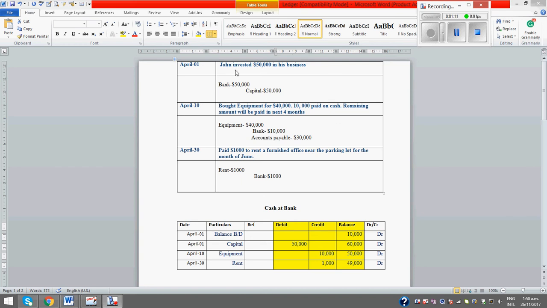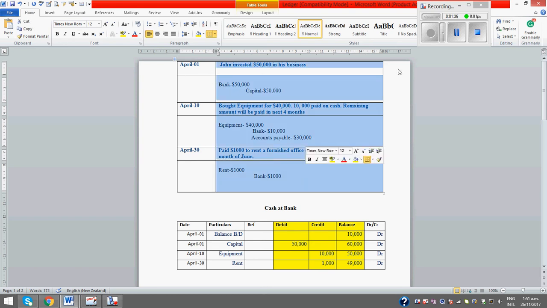So just like T-column ledger, we need to focus on the same issues. We can see bank is the common account in all three journal entries. Bank is here, bank is here, bank is here. So to prepare a ledger of bank, we need to focus on all these three journal entries.